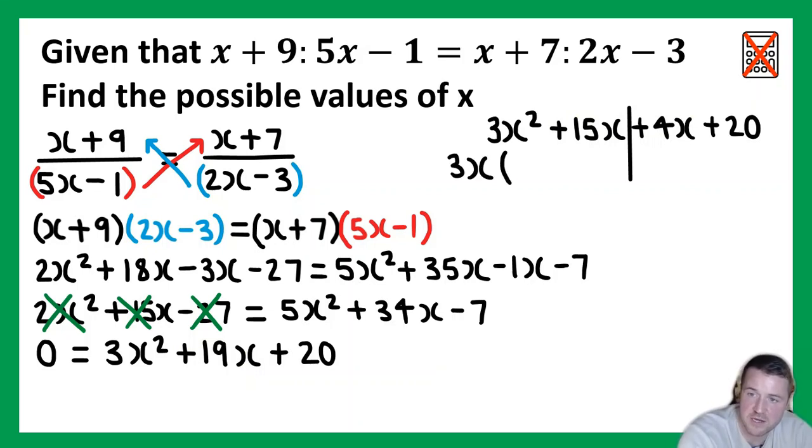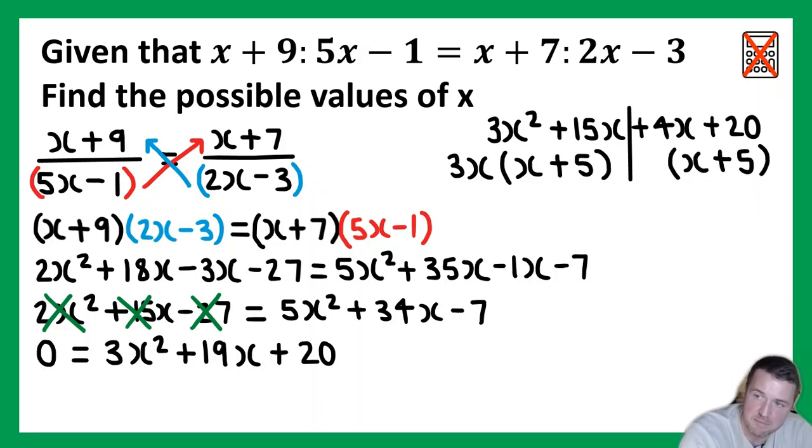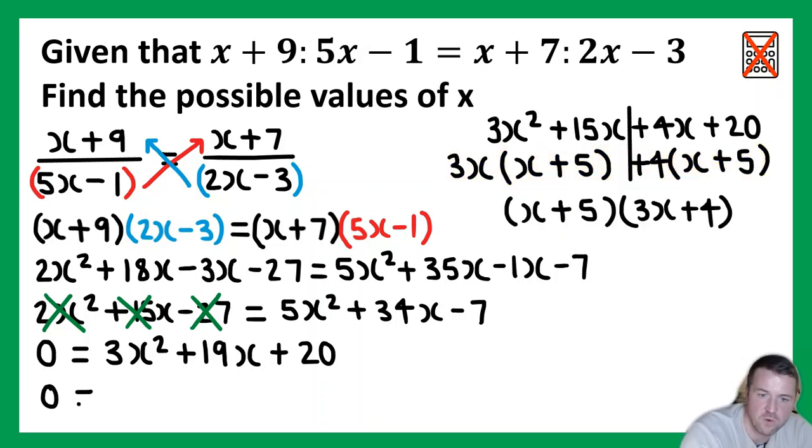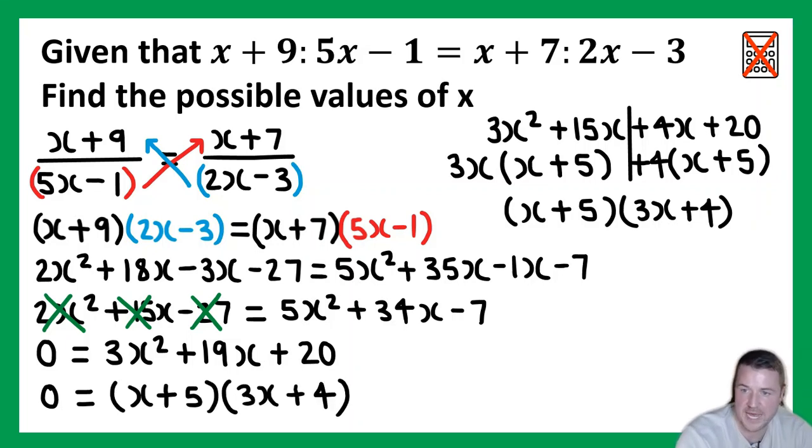The left-hand side, 3x bracket x plus 5. And if done correctly, this bracket will remain the same, helping me to factorize, which must be 4 on the outside. So the double brackets will be made up of x plus 5 and 3x plus 4. Therefore 0 is equal to x plus 5 bracket 3x plus 4.